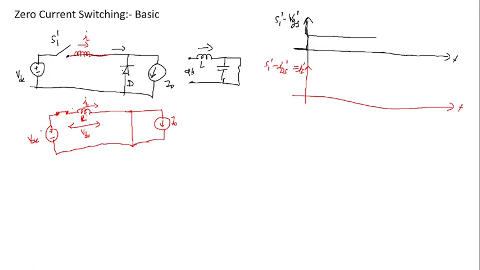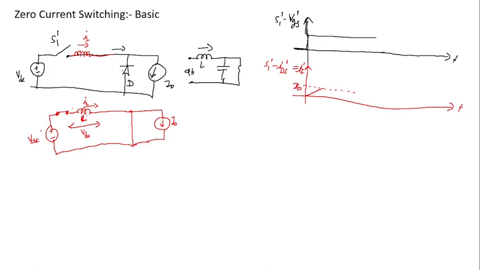As we know, an inductor opposes a sudden change of current. Previously at this instant the current was 0, so the inductor will oppose the sudden change. It will not go directly, but will rise linearly and smoothly up to the current, let's say this current is I naught.